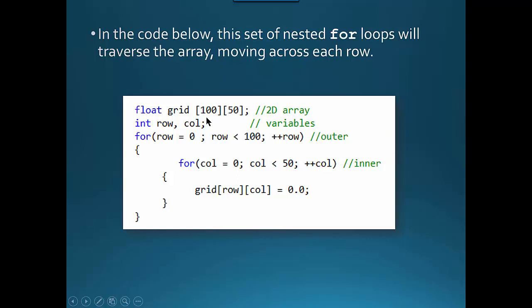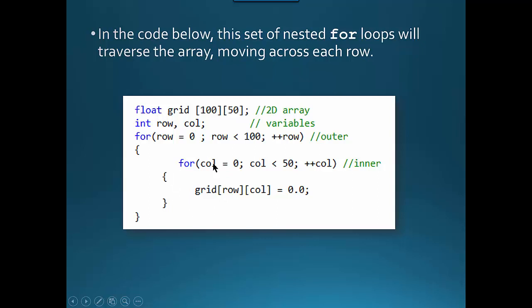In this case, we have a grid of 100 by 50 floats, and here we're going to declare our indices as row and column. We'll say for row equals 0 to the first index, and then column equals 0 to the second index, and here we're initializing them to 0.